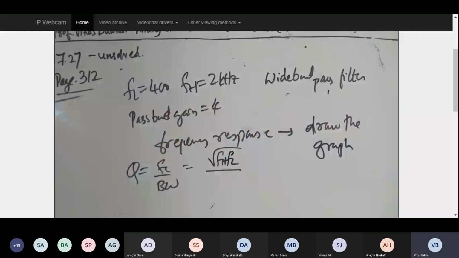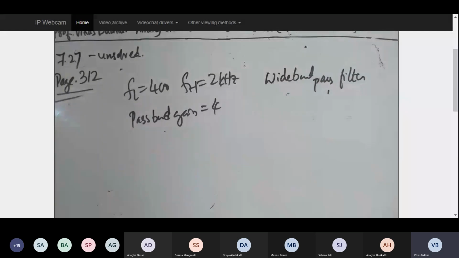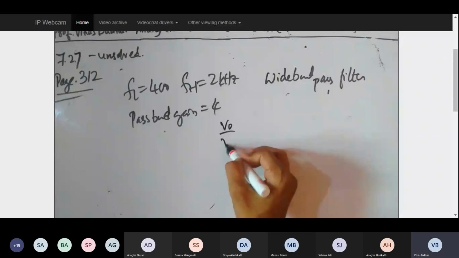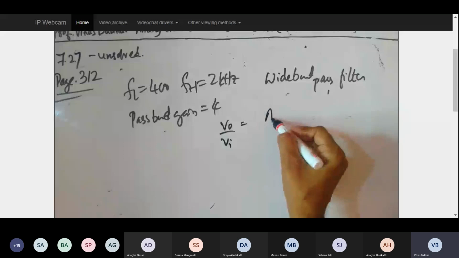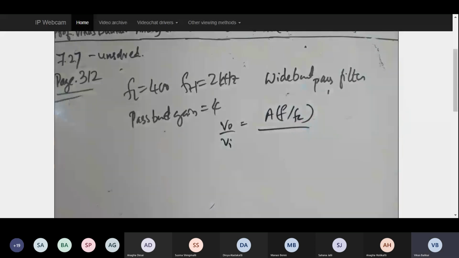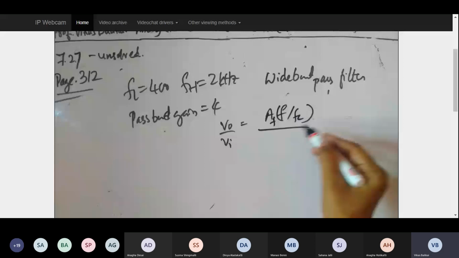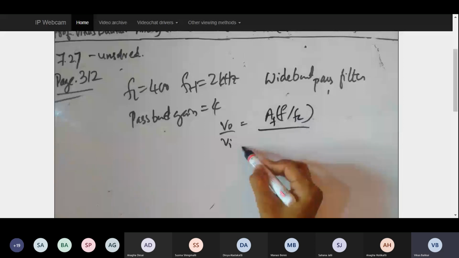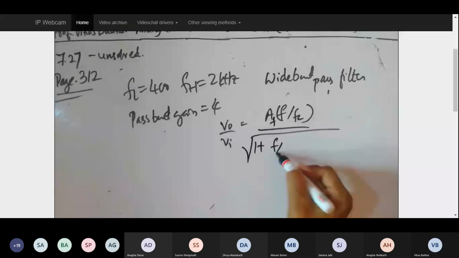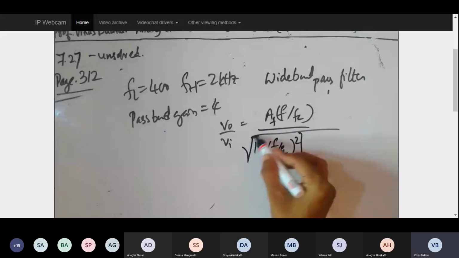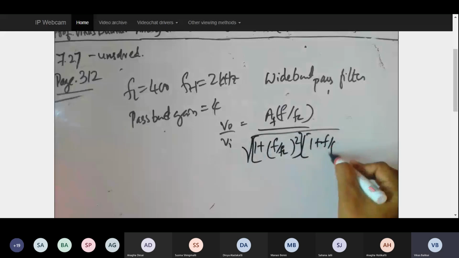From that Q, immediately I'll be using the equation of my V naught by V in. Since I am supposed to draw the frequency response, what was my V naught by V in equation for the wide band pass filter? That was AF multiplied by f by fl, just like your high pass filter, whole divided by the terms obtained in high pass as well as low pass: 1 plus f by fl whole square, multiplied by 1 plus f by fh whole square.